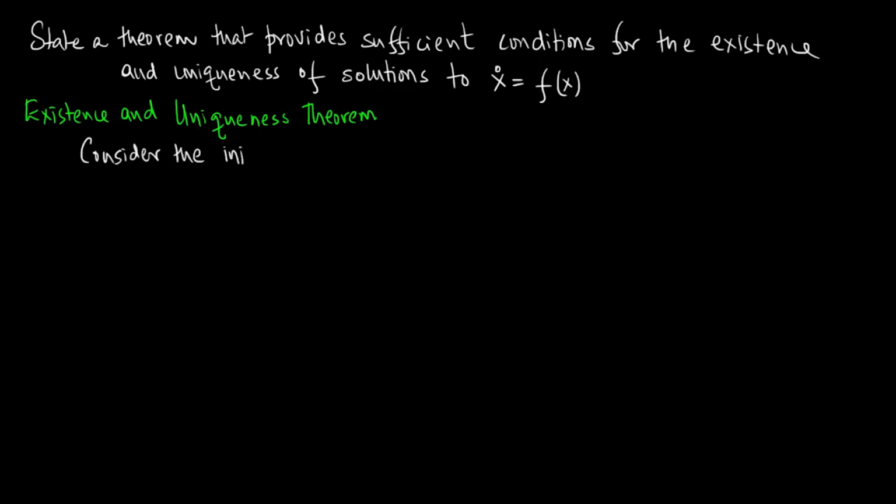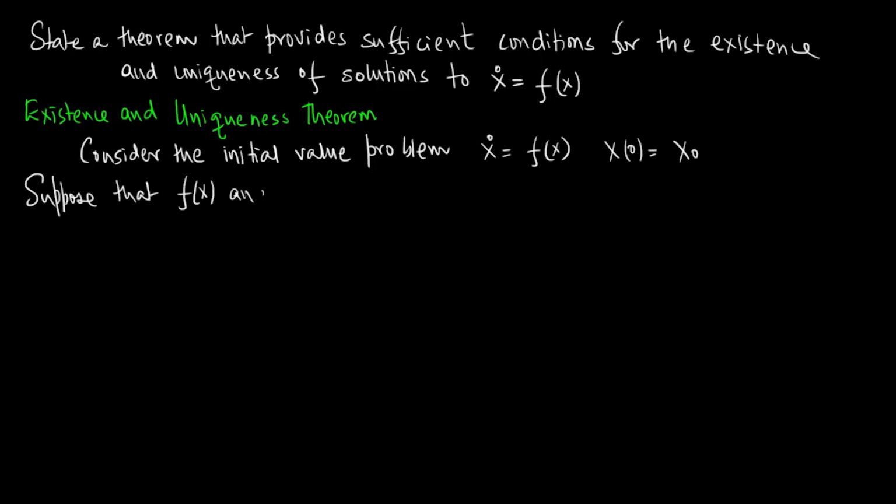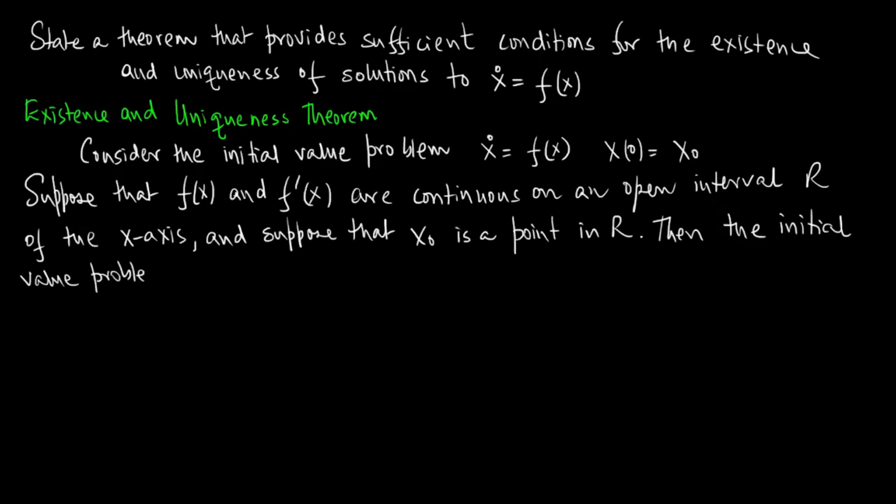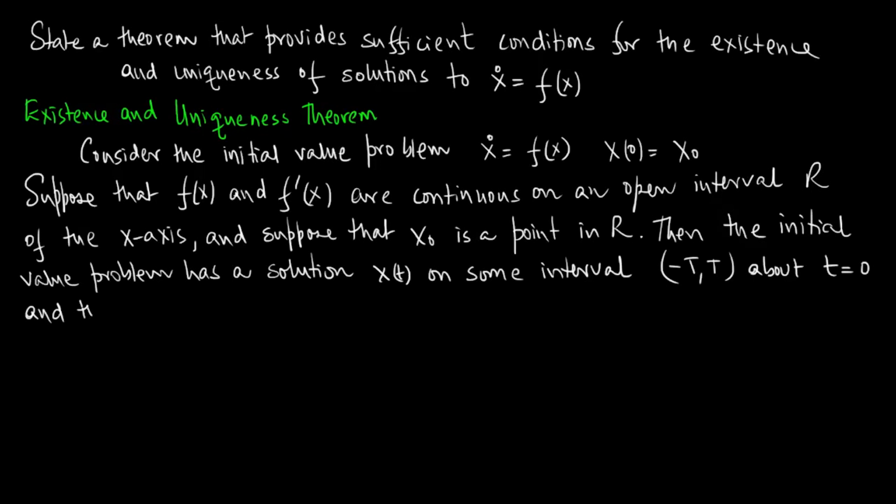Consider the initial value problem x dot is equal to f of x, where x of 0 is equal to x naught, and suppose that f of x and f prime of x are continuous on an open interval R of the x-axis, and suppose that x naught is a point in R. Then the initial value problem has a solution x of t on some interval minus tau to tau about t is equal to 0, and the solution is unique.